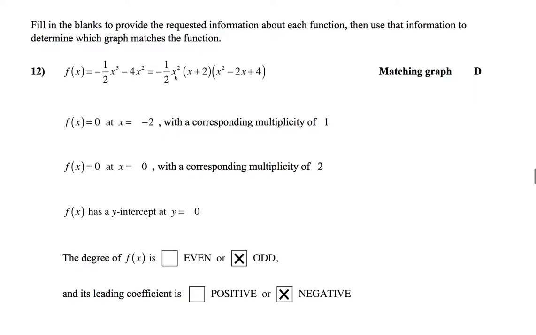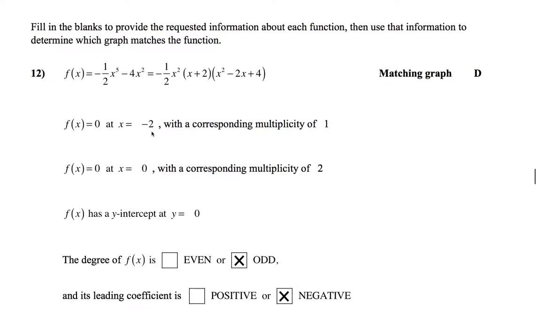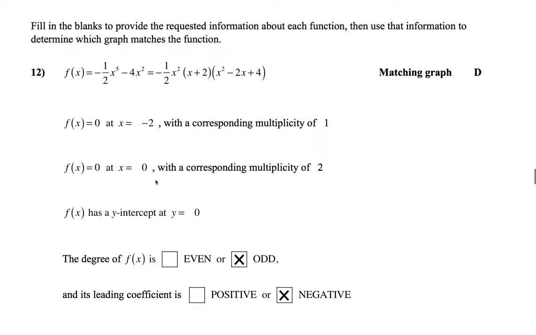If we place 0 here for x, then 0 squared is 0 times -1/2 is 0, and so 0 times anything is 0. That makes the function value 0, and its multiplicity is 2 because this x is raised to the second power. So we have zeros at -2 with multiplicity of 1, and at 0 with multiplicity of 2.